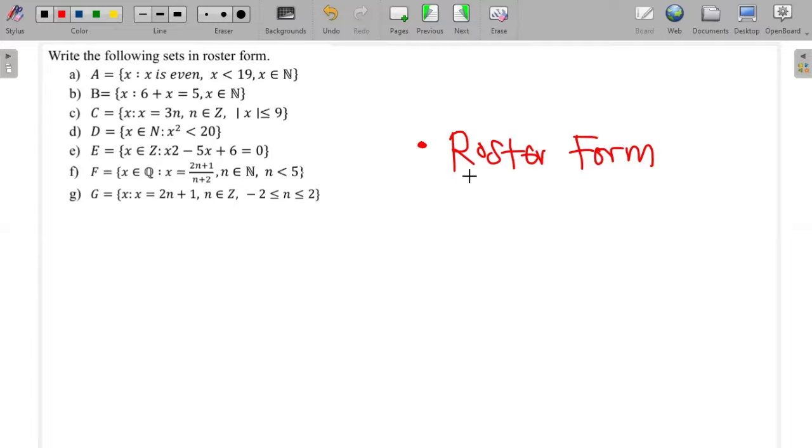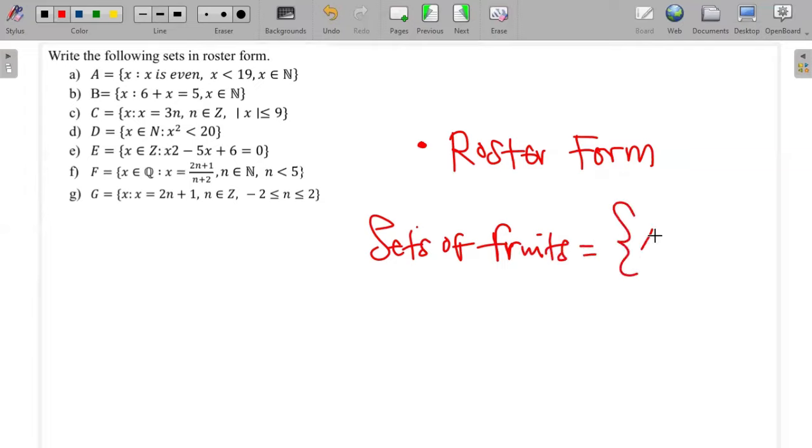We are just listing sets of fruits. In this set, I'm just going to put apple, I'll just write the first letter, apple, banana, orange. Maybe just those three.